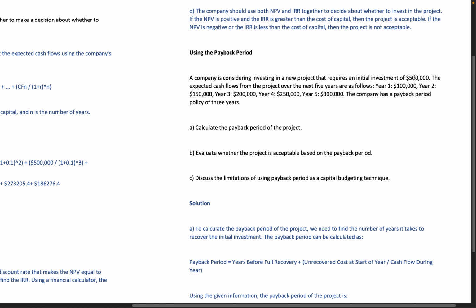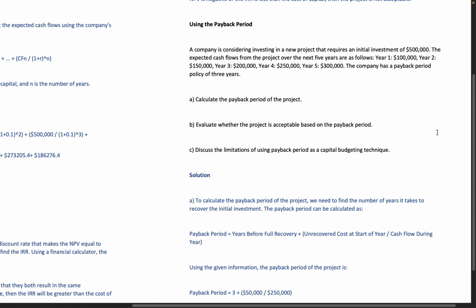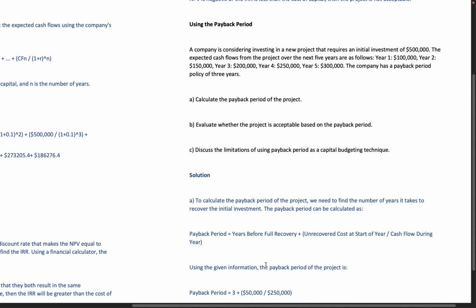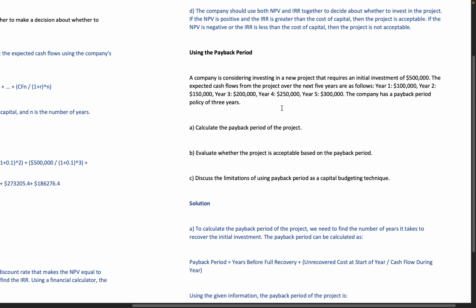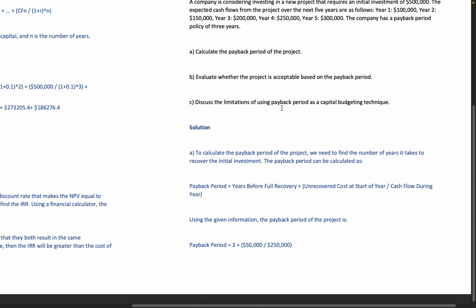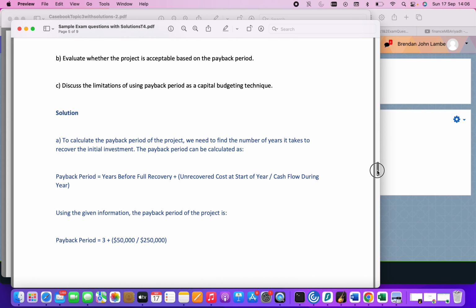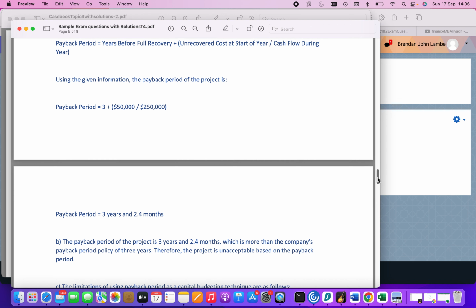We've still got 50 left. So we put that 50 there and we divide it by what we would have received in year 4, which was 250. We do that calculation, and it should give us 3 years and 2.4 months.